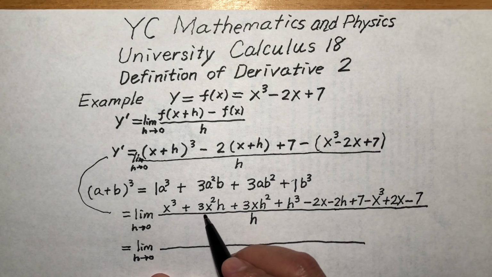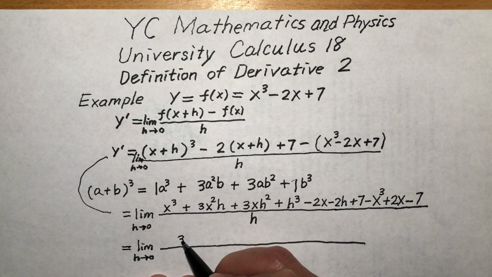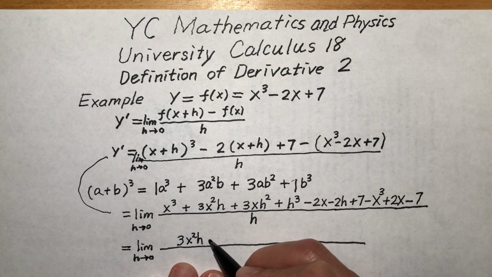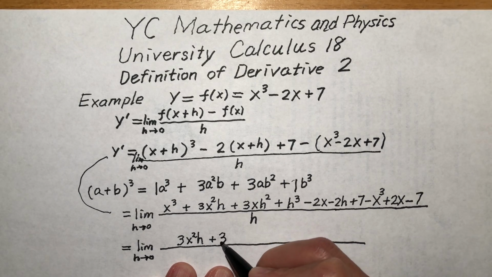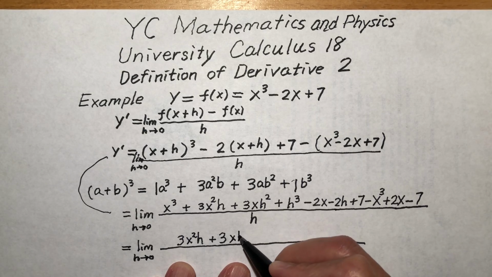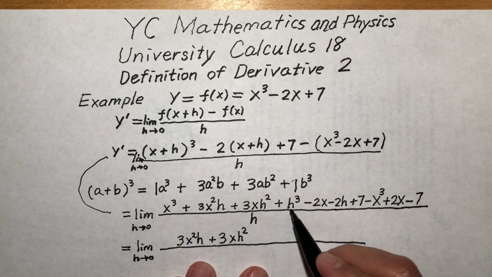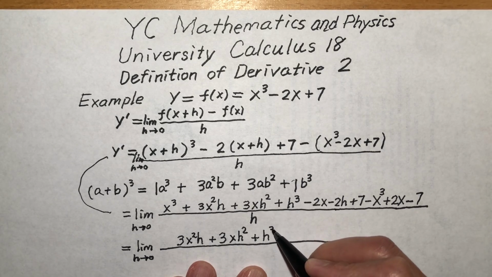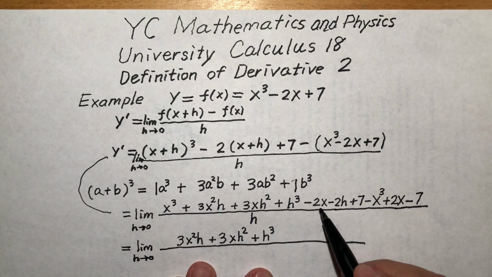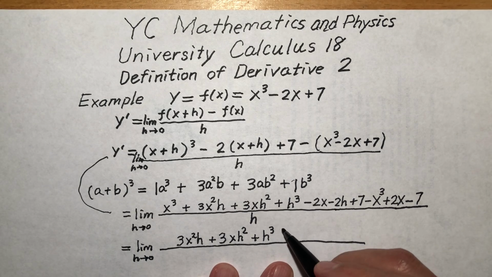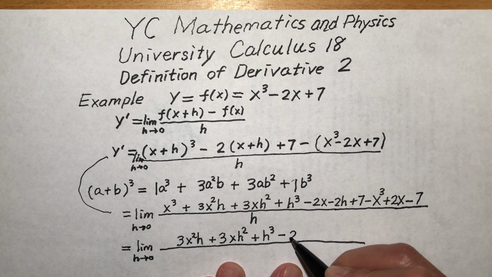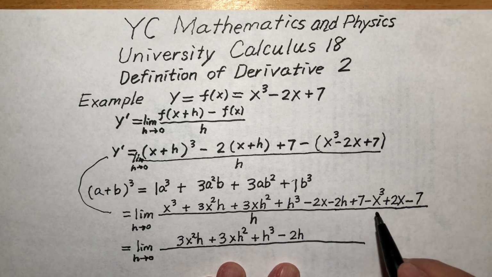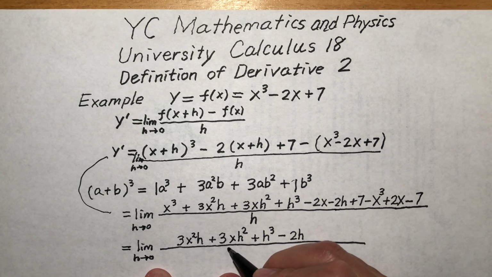So what I have left is this term, this term, and this term. Let's see now. I have minus 2h. Plus 7 minus 7 cancel. So that's all I have, and h in the denominator.